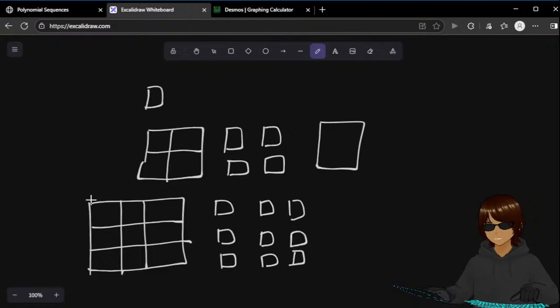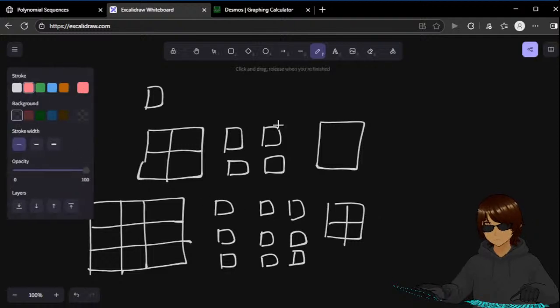So one unit square, there would be 9 of these. 2 unit square, there would be 4 of these. 1, 2, 3, 4.